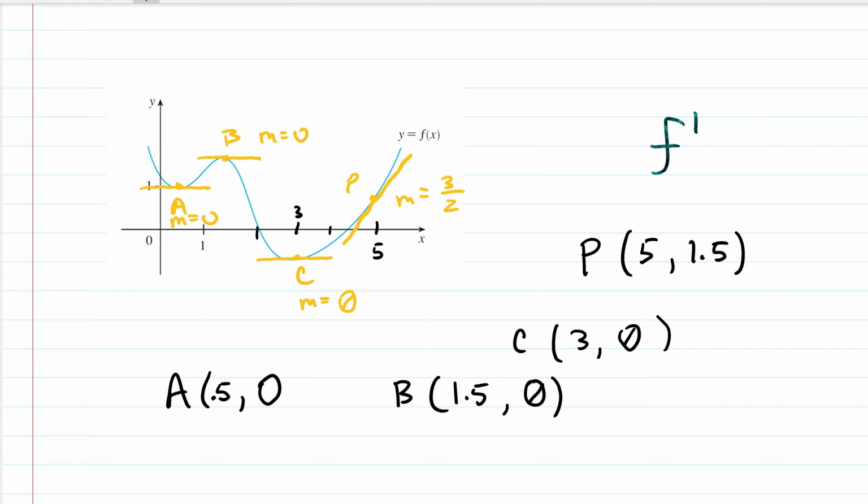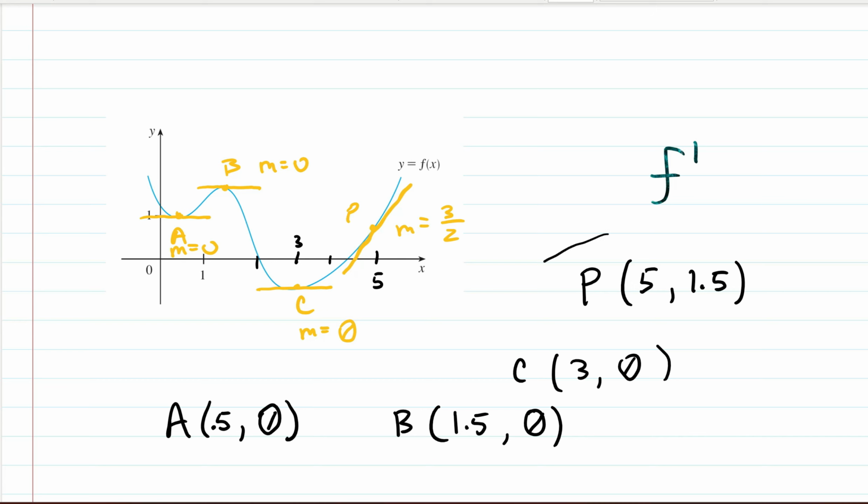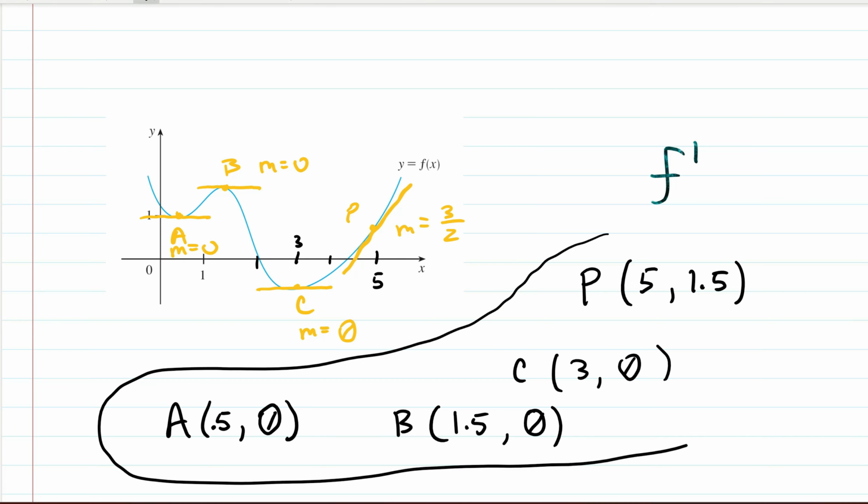Notice we have 0 slopes. So these are all the points that we've obtained from these x values, 0.5, 1.5, 3, and 5, and the slopes of their tangent lines at those x values.